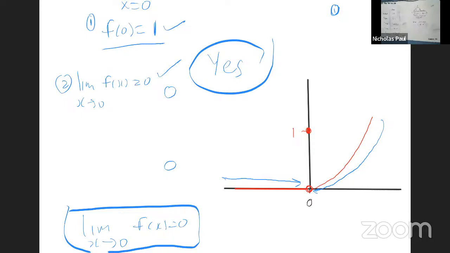Are they equal? Is the limit equal to f of 0? No. Watch here. Here is 1 and here is 0. So therefore, f of 0 is not equal to the limit as x approaches 0.